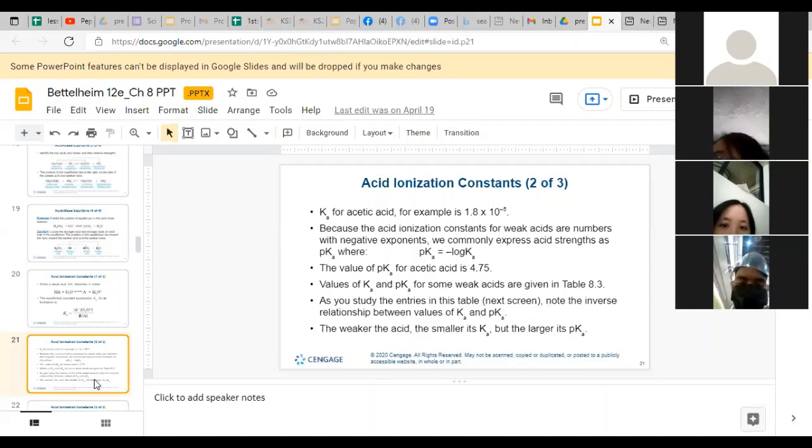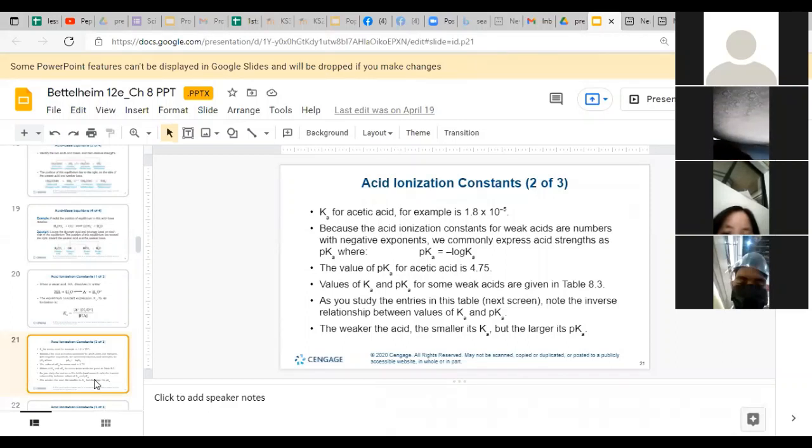So ang ginagamit na iba yung P value. Okay? So yung pKa will just be negative log of Ka. So kunin mo yung value, kunin mo yung log, tapos magiging negative value niya, yun yung pKa. So the value for acetic acid is 4.75.